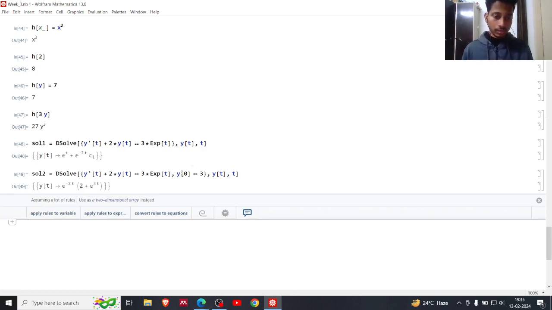But here there is an initial value, that is y at t equal to 0 is 3. So this is the general solution for this differential equation, and this is a particular solution for this initial value.